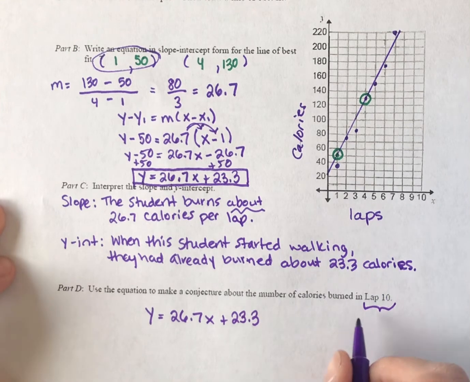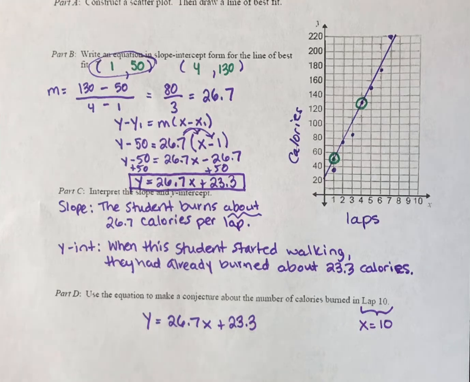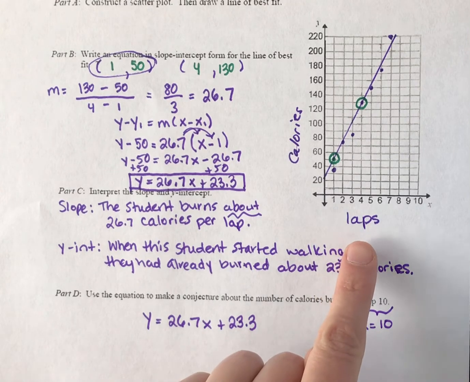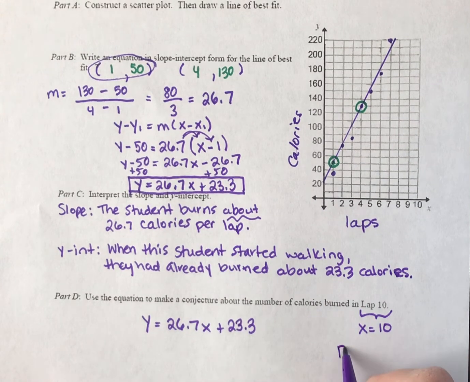Okay, I'm talking about what happens in lap 10. Well, laps is x. So we've done problems like this before where I give you a value and you think about, well, is this the x value or the y value? And we plug that into our equation. Okay, so if you think about it, x is 10 because laps refers to the x value. So I'm going to plug 10 in for x.